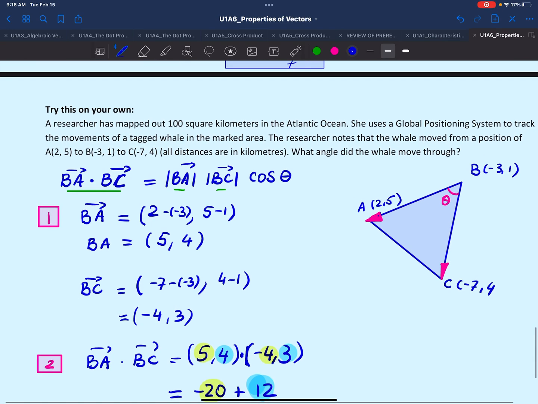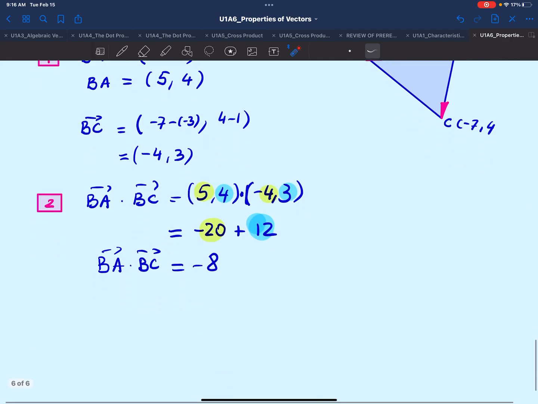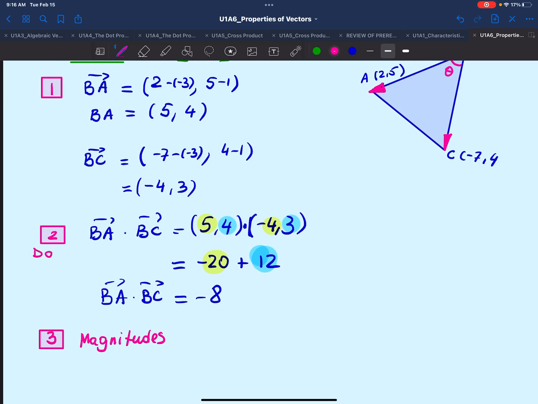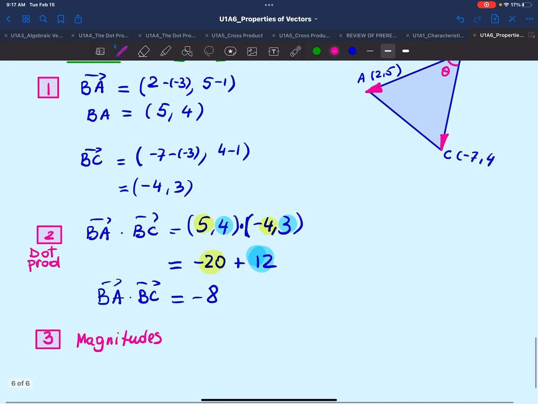So now we know the value of the left side. We have to find the magnitudes. So for BA, that would be our step number 3. So I will write here magnitudes, right? This is the dot product, and this is the vectors, so vector coordinates.